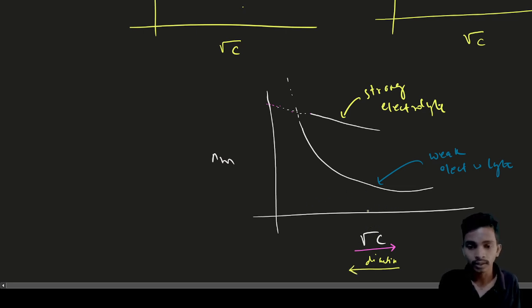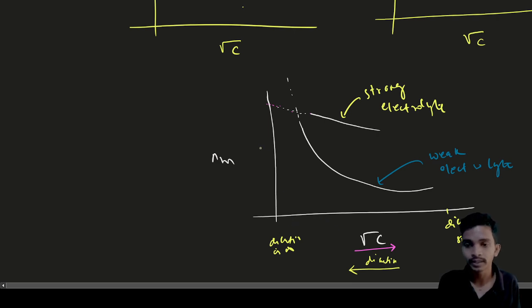So at infinite dilution, whenever you are increasing dilution, here dilution started, so you start adding water. Here the dilution is infinite, a huge amount of water you added. So this is at infinite dilution.